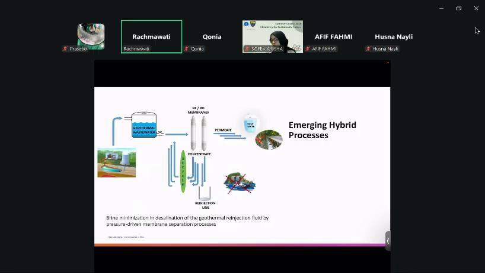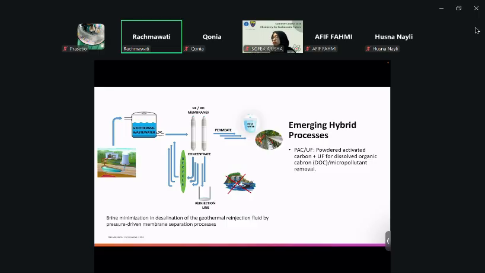And then the next one is the emerging hybrid processes. In the end, people want to combine whatever they have because they want more superior physical and chemical properties. For example, they use activated carbon or ultrafiltration.